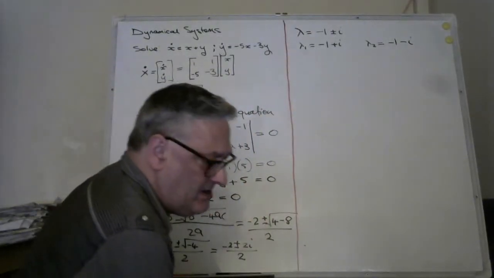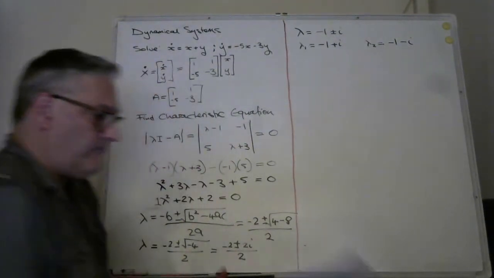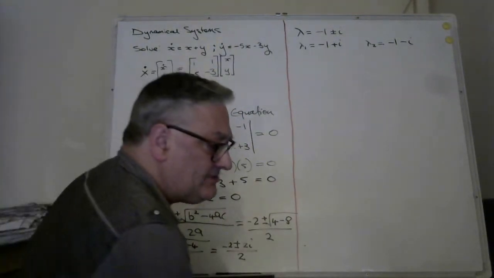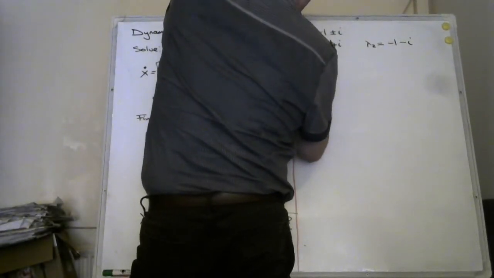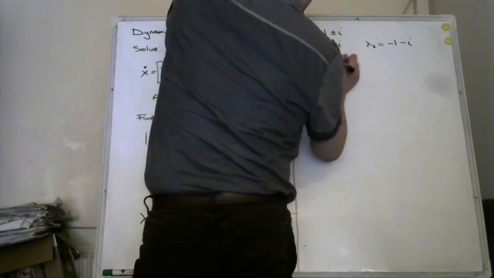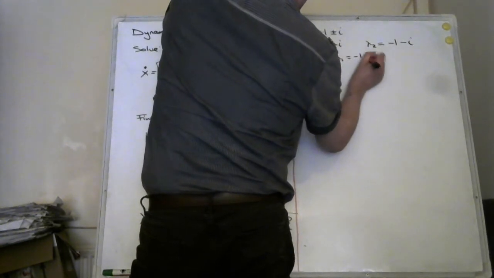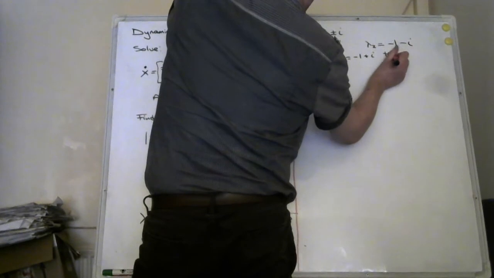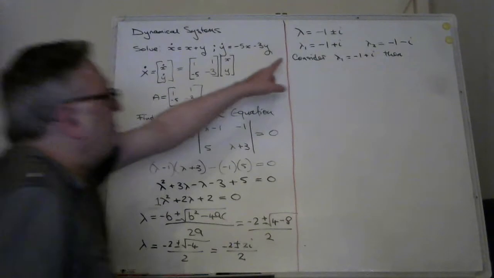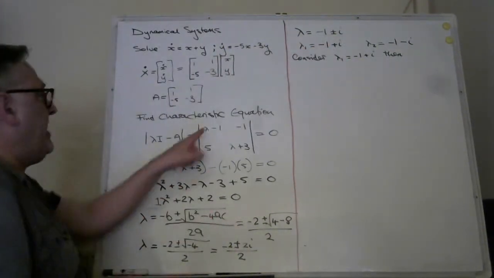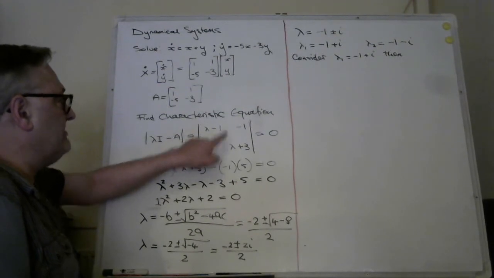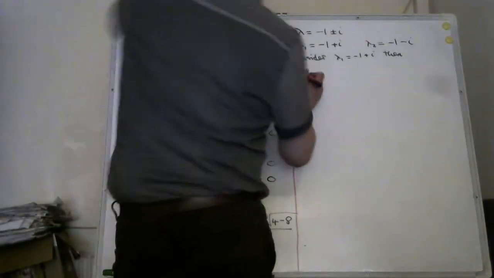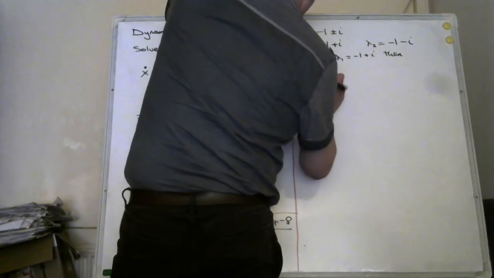Right, okay. So if we consider lambda 1 equals minus 1 plus i, then the matrix formed by substituting minus 1 plus i into this part of the matrix here, we'll call that B1.